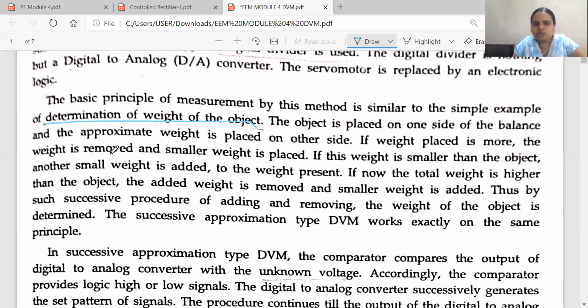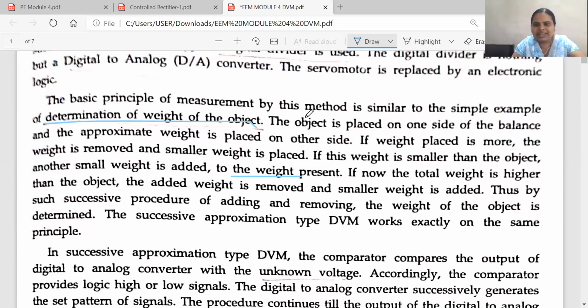If the weight is smaller, another small weight is added to the weight. If now the total weight is higher than the object, the added weight is removed and a smaller weight is added, depending on the weight of the carrots.